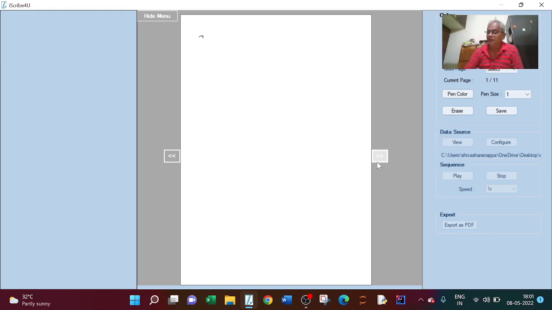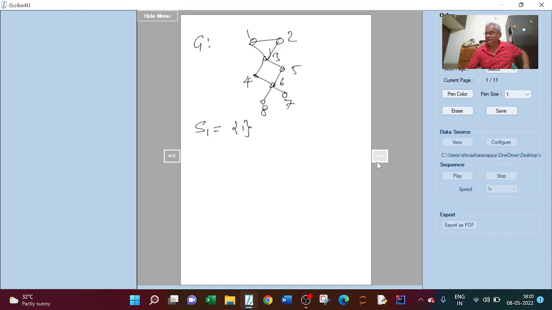So take a graph G. Okay, this has 1, 2, 3, 4, 5, 6, 7, 8. So here 8 vertices are there, V consisting of 8 vertices. Let me consider S1 equal to, if I take only one vertex here. Is this independent? Definitely.